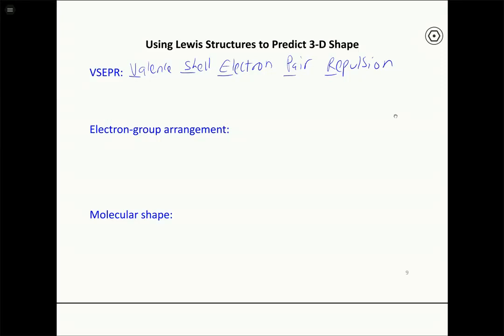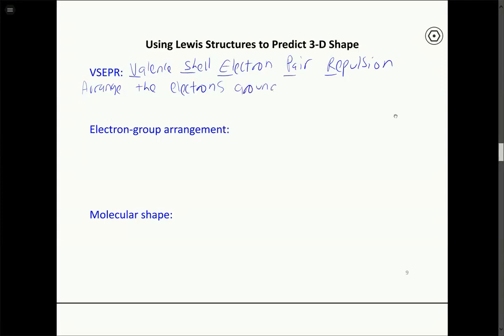And really what VSEPR is telling us to do, as I said, is primarily a geometric approach: we're just going to arrange the electron pairs around the central atom, and we're going to try to get those electron pairs as far away from each other as possible. So electrons repel each other, electron-electron repulsion, and if we put those as far away from each other as possible, we're going to minimize that repulsion.